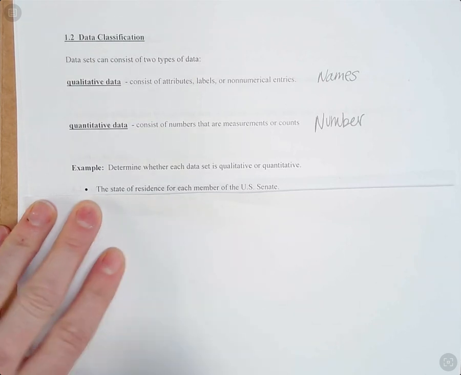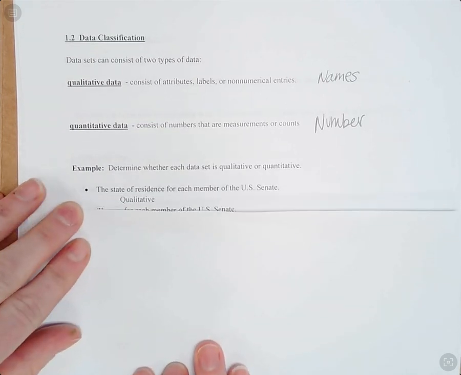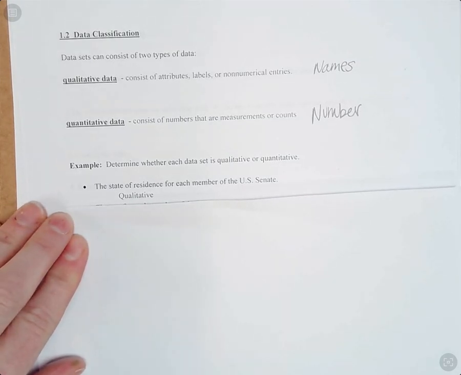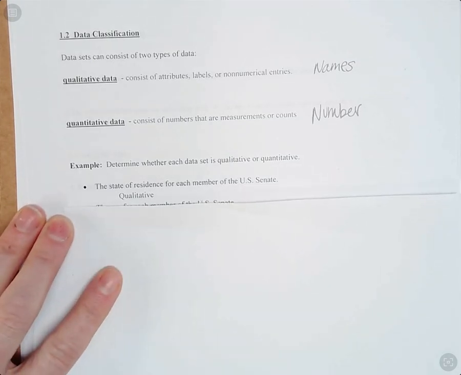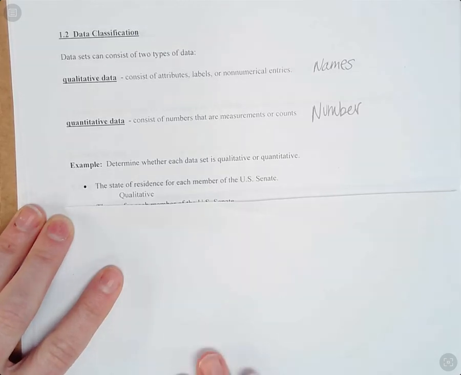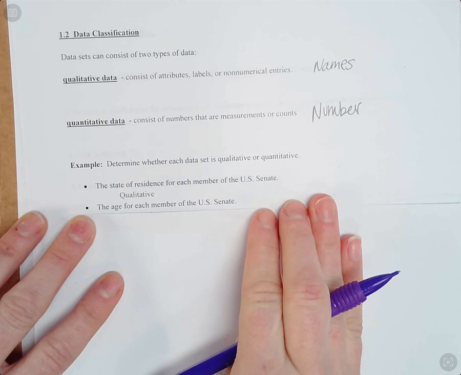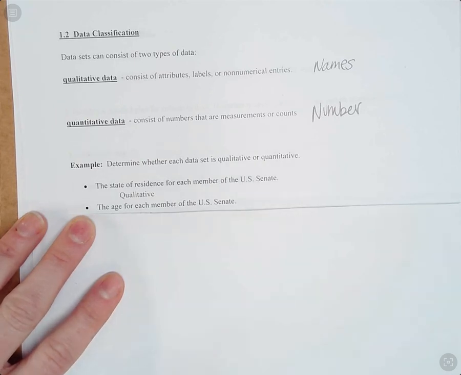It's going to be a name, so then it would be qualitative. Okay, what about the age for each member of the U.S. Senate? It'll be a number, so it's quantitative.